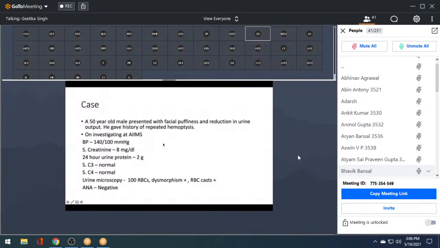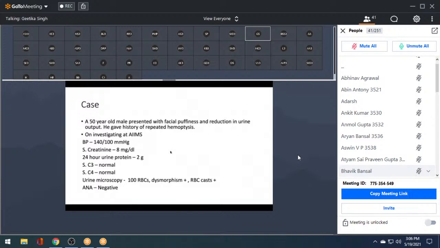So if we got this patient, we would have this differential diagnosis. I haven't given you facial puffiness related to a sinusitis, which also happens in Wegener's. If I said nasal congestion and something like that, you may attribute it to Wegener's.